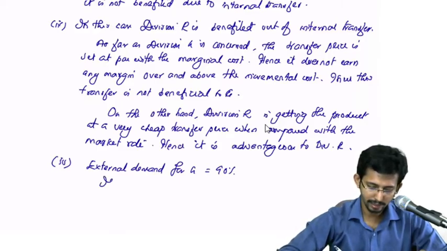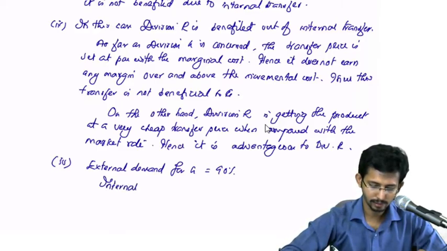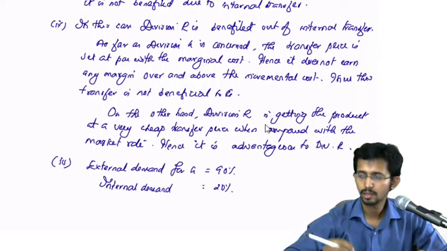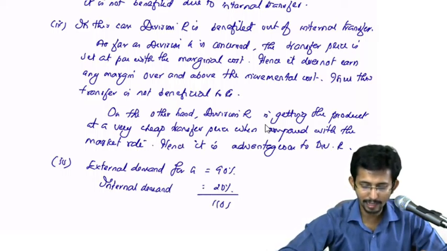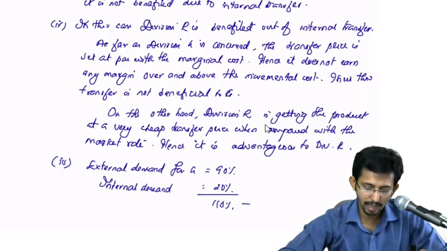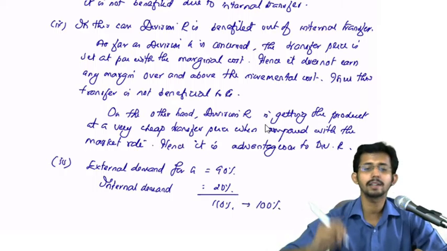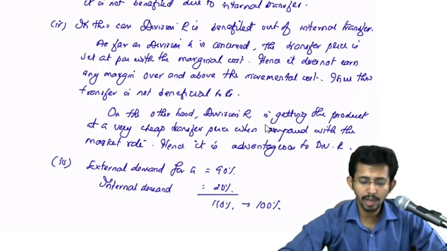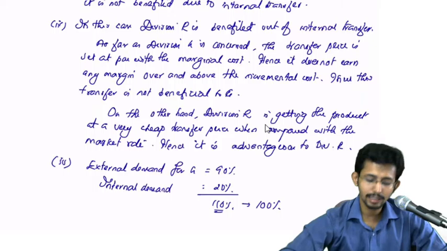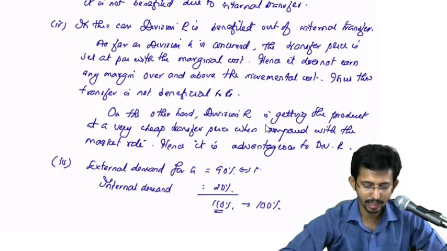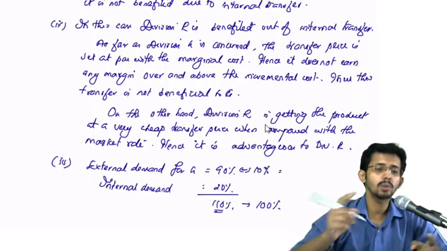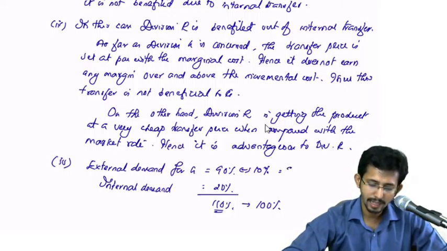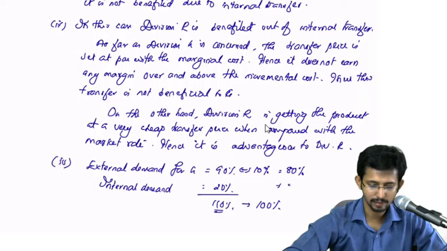Now internal demand is 20%, but you can't have 110%. How much can you have? You can have a production capacity of only 100. So if internal transfer is resorted, what will happen to that 10%? That 10% will be reduced from this 90%. So by resorting to internal transfer, G is losing 10% of the external market share.